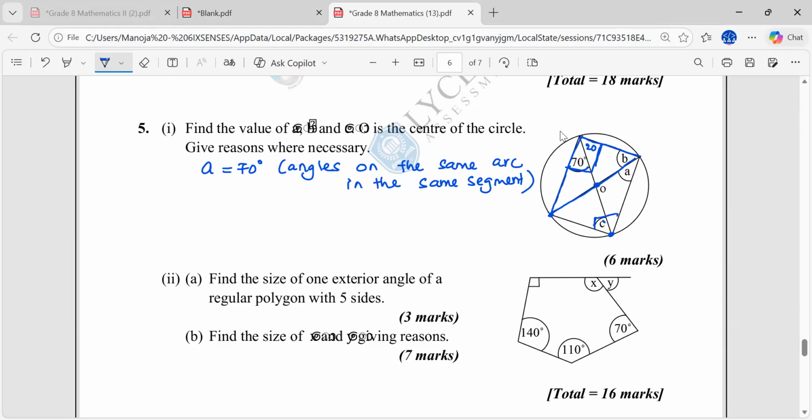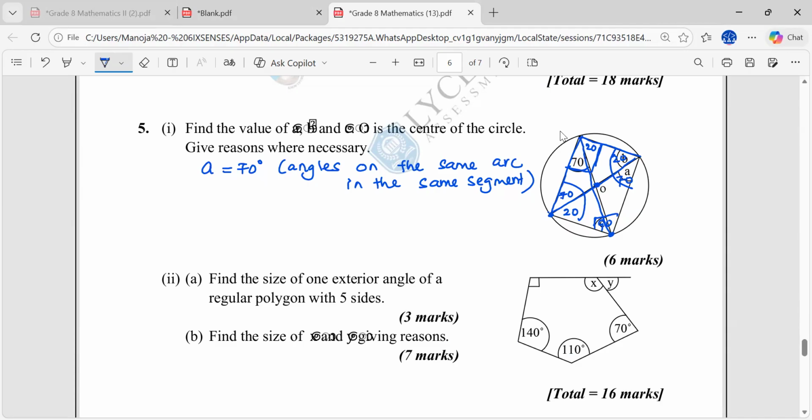And if this is 90, and if this is 70, this one should be 20, right? And if this is 20, this one should be 70. If that is 70, this one should be 20. Because wherever you draw this diameter, all these corners should be 90, 90, 90. Because this is a rectangle.